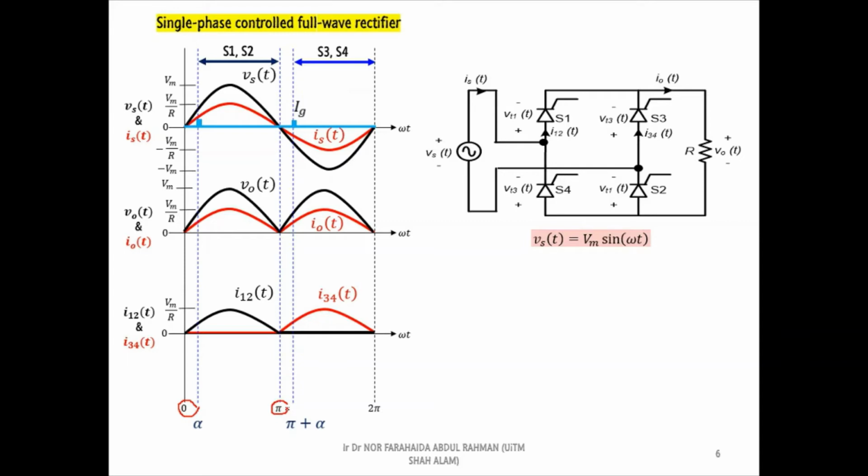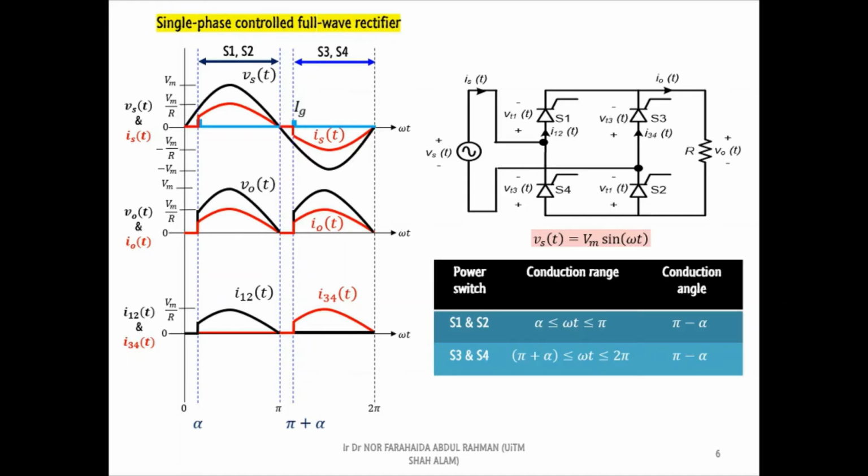I will show the transformation starting from the top waveform to the bottom. Based on the graph, I tabulate the conduction range and the conduction angle of each thyristor in this table.